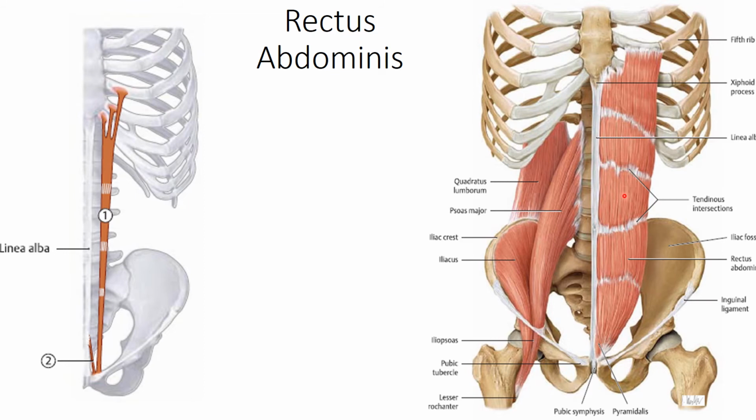They run along the entire length of the anterior abdominal wall, lying in a paramedian position. The muscle arises by two heads of origin, a medial head, which is the narrower one, and a lateral head, which is the larger one.